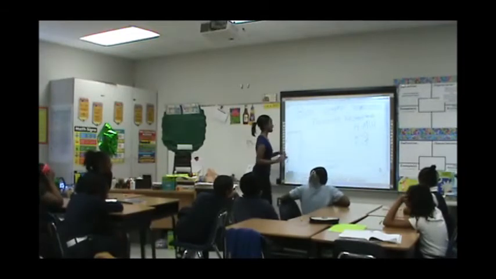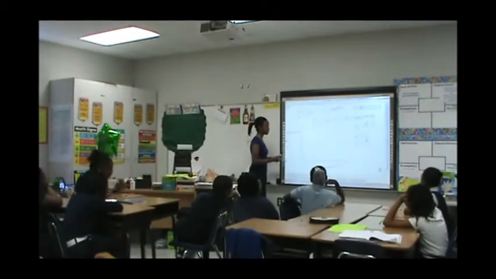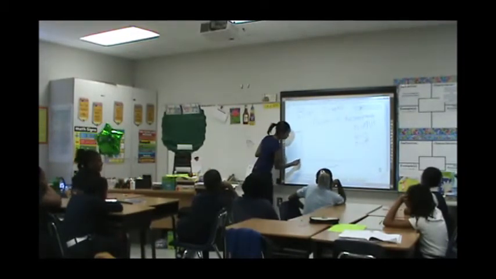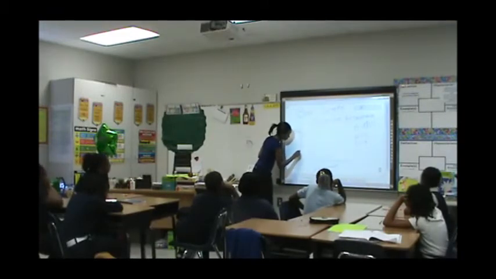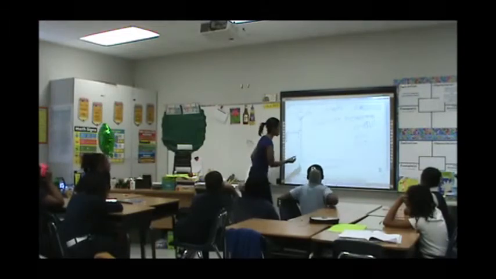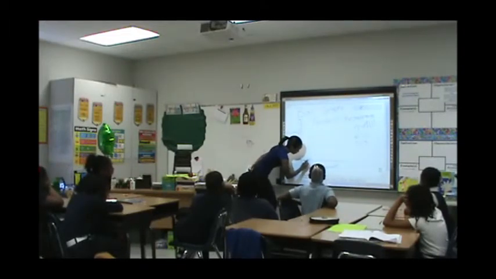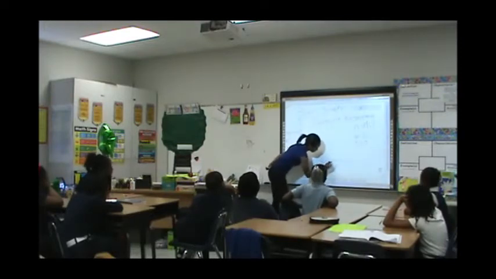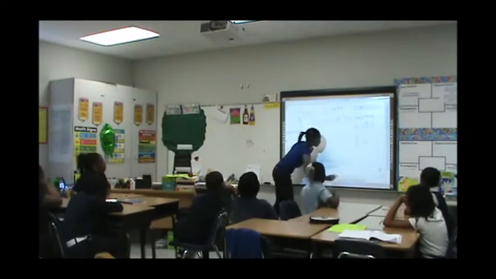So on this y-axis, we're going to start numbering it, starting from 0. We're going to go 1, 2, 3, 4, 5, 6, 7, 8. Okay. And on the bottom, since I don't have much space, I'm just going to write the letter of the restaurant. McDonald's, Wendy's, Taco Bell.